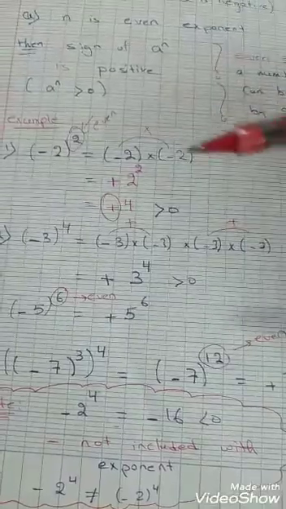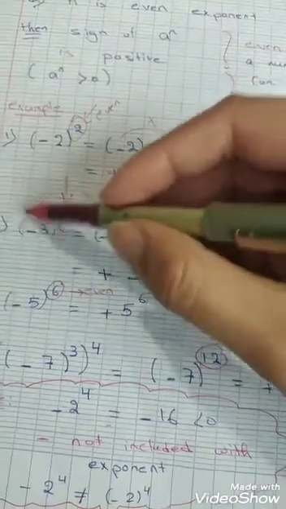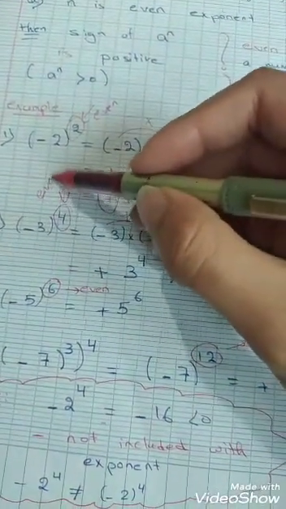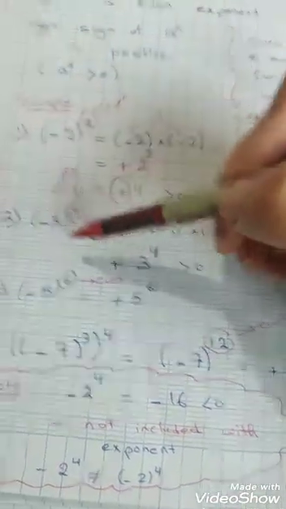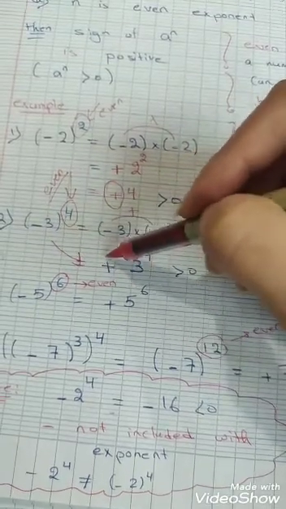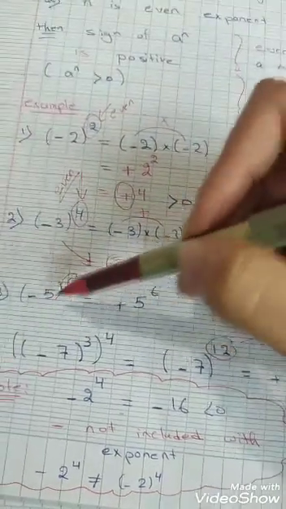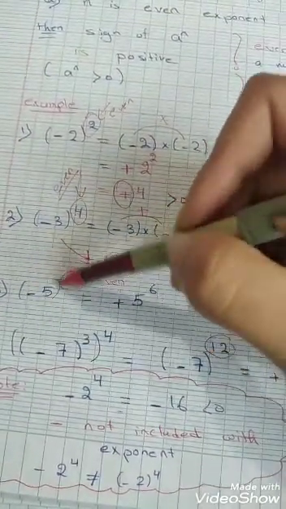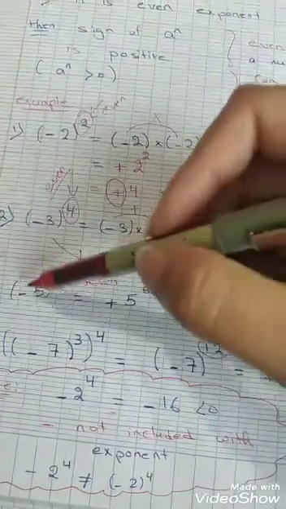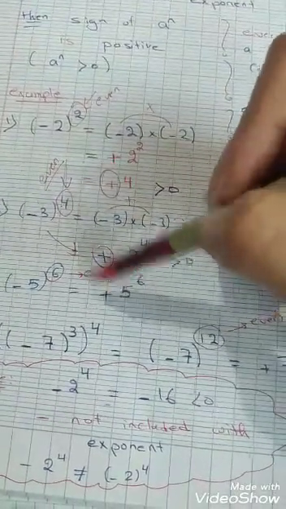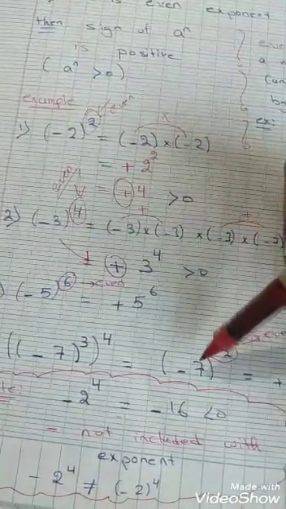Even without writing it that way, I know that 4 is an even number. The base is negative, so I look at the exponent. The exponent 4 is even because it can be divided by 2, so I directly write plus 3 to the exponent 4. Another example: minus 5 to the exponent 6. The base is negative and the exponent is even, so the even exponent changes minus into plus, and minus 5 to the exponent 6 equals plus 5 to the exponent 6.